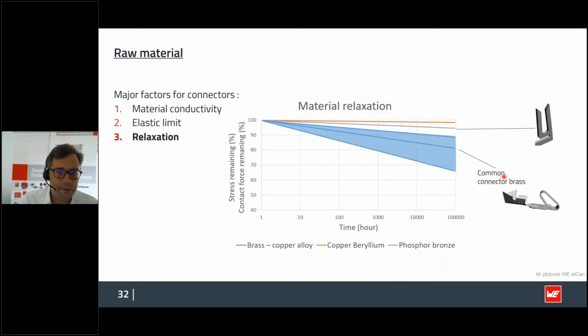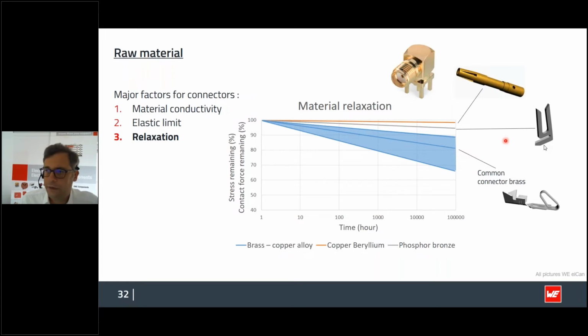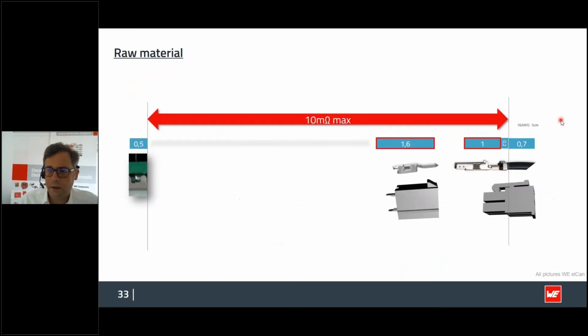Afterwards, the already mentioned mini module series, where the values are much better, and also the lately shown SMA connector, or in general the coax connectors that you can find here. We use phosphor bronze, copper beryllium as a contact plating, and here you have the best value that you can find. So in the example of the raw material, we have for the male and for the female side also around 1.6 or 1 milliohms.